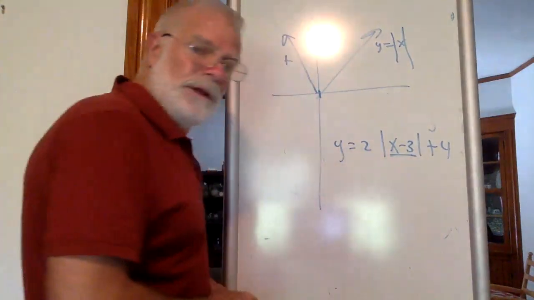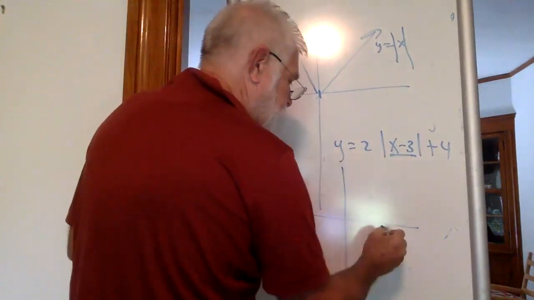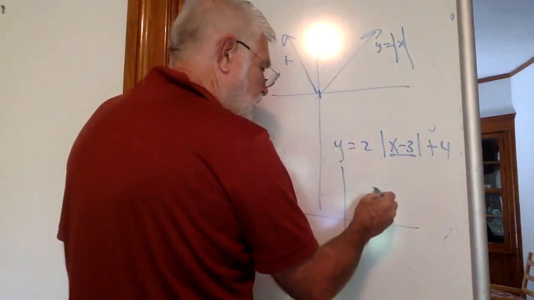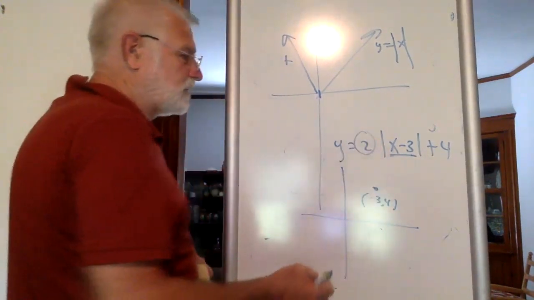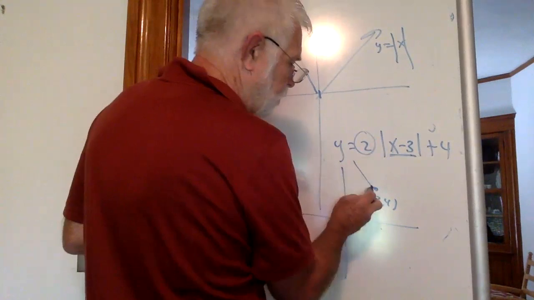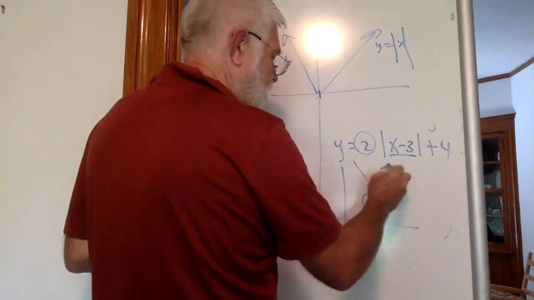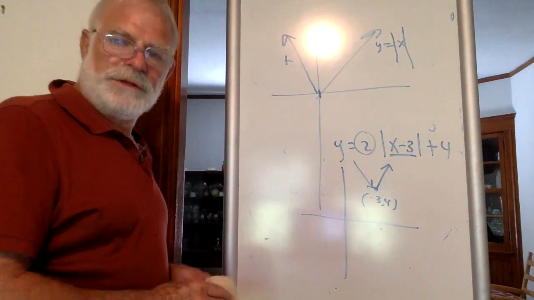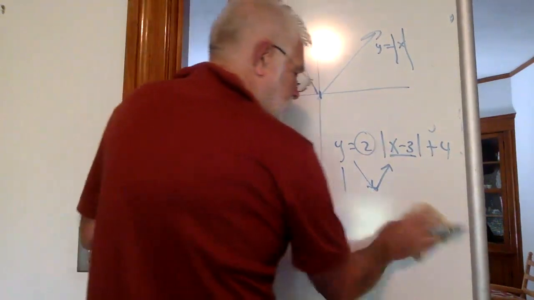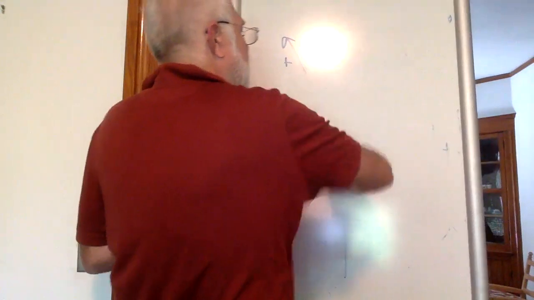At x equals 3. So at x equals 3, we know we're at 4. There's 3, 4. And this is the slope of the linear parts. So this would be coming down at 2 to 1, and that would go up at 2 to 1. And you start to get your numerical trajectories that you can manipulate and study. Just a little layering of absolute value.